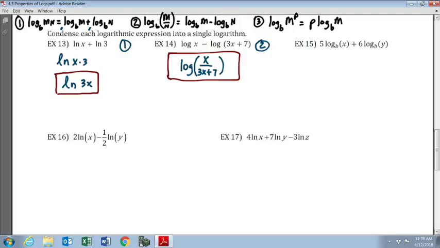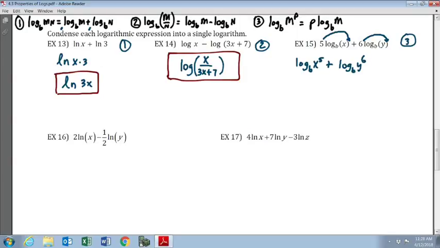But look what I can do. I can move that 5 to become an exponent using property 3. So basically, we're going to move this 5 to here and this 6 to here. And again, we're doing the power rule in reverse. So let's go ahead and do that.